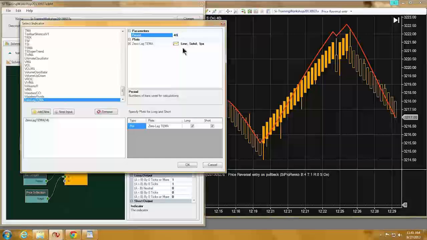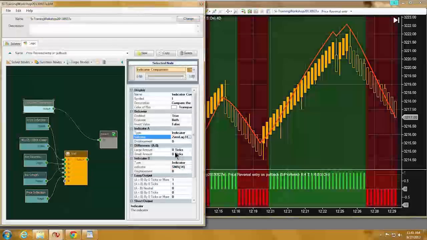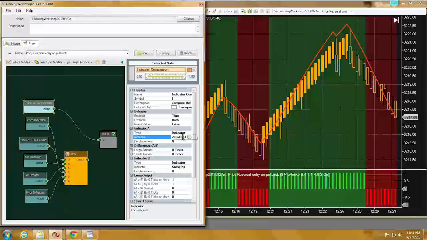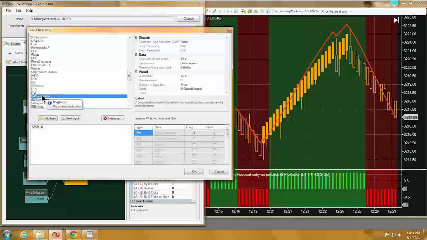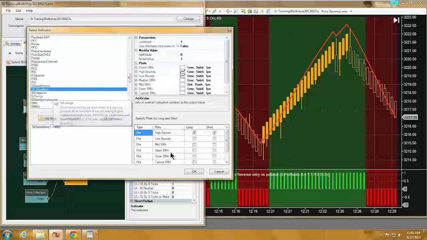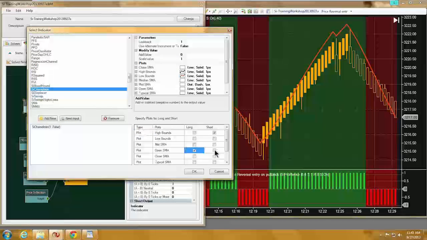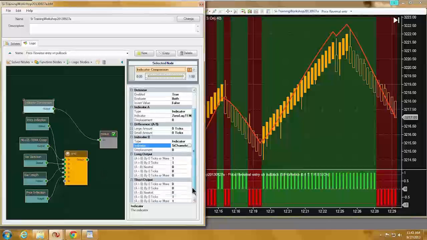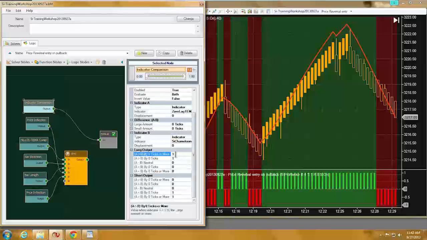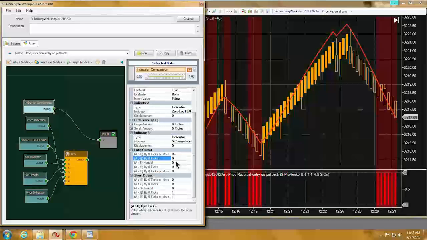Because I'm kind of cramped for time, I'm just going to rush through this. Sorry about that. So I'm going to set indicator B to the opening price. And let's see. I need to reverse my outputs here.